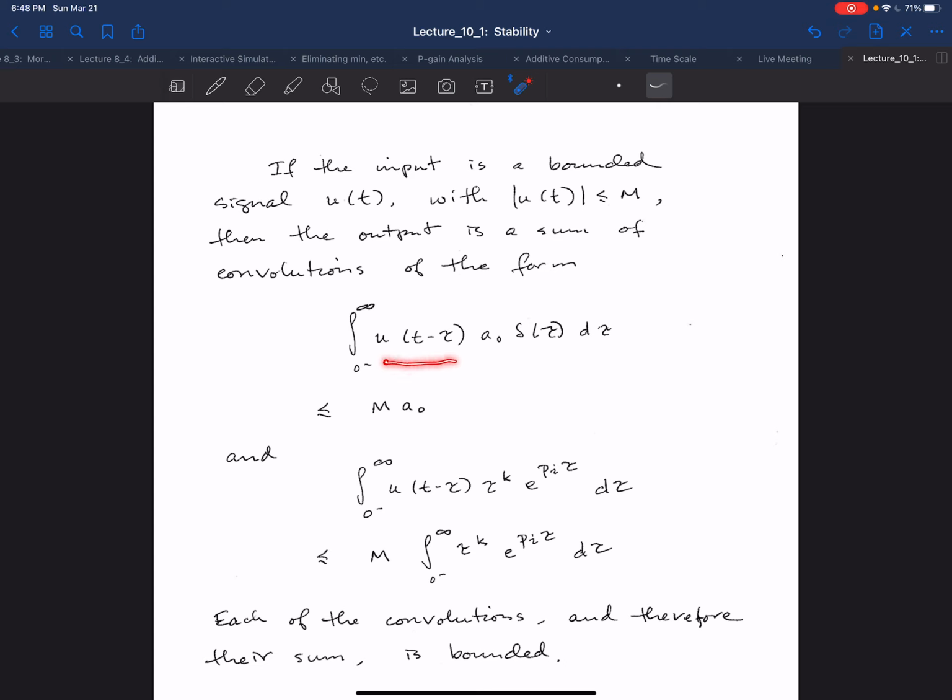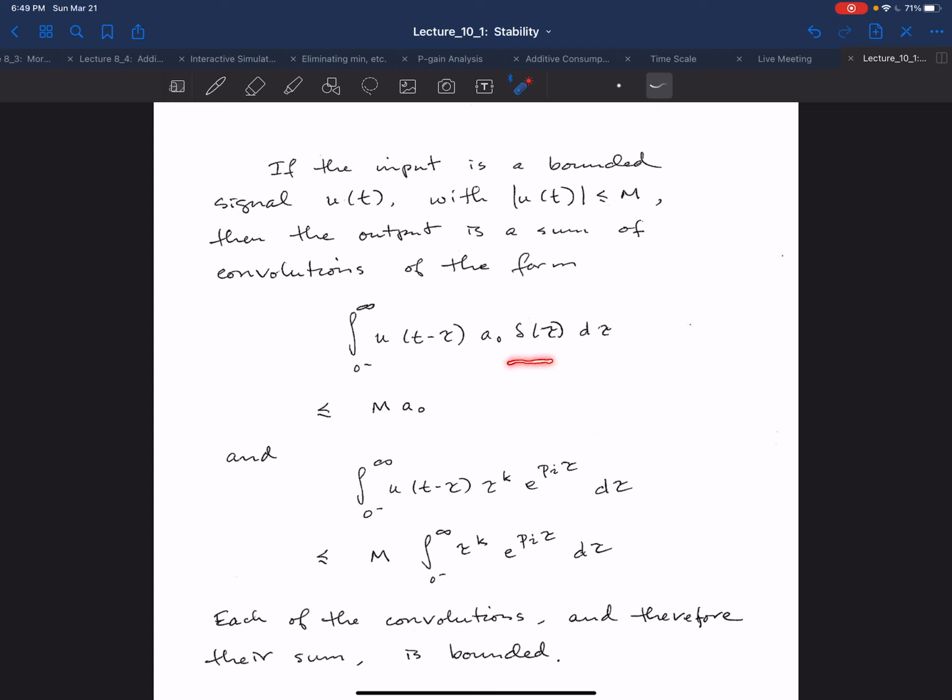So here's a convolution of u with the term that results from the first term in our partial fractions decomposition, from the constant term a naught. We can divide the convolution up into these convolutions with different terms just because convolution is a linear operation. So let's first convolve our input with this a naught times an impulse that we get from the constant term in our partial fractions decomposition.